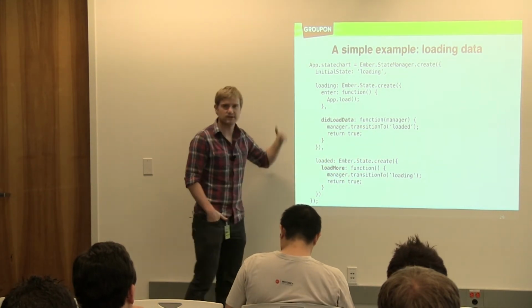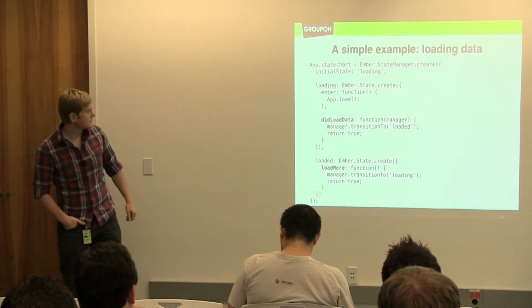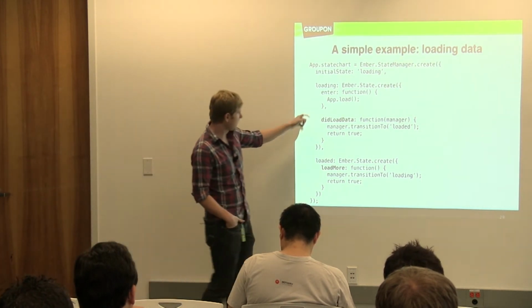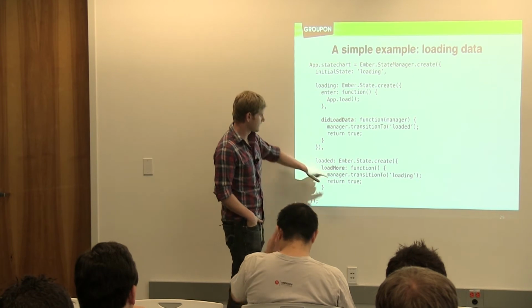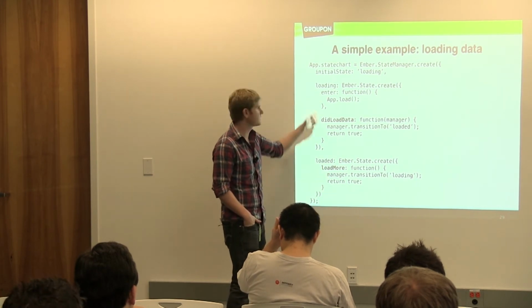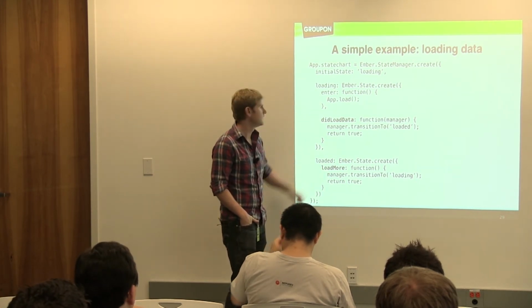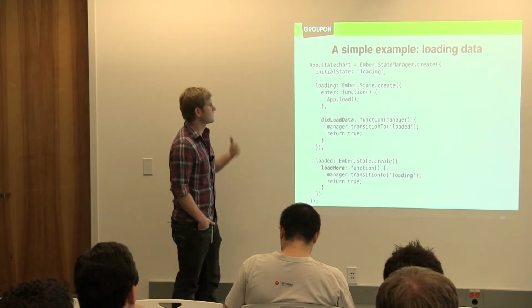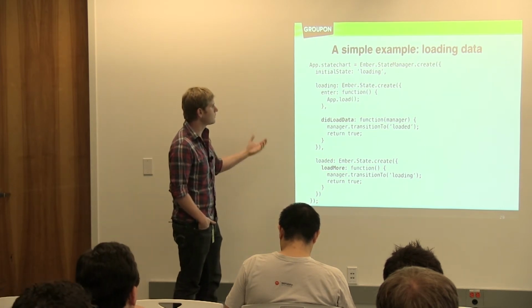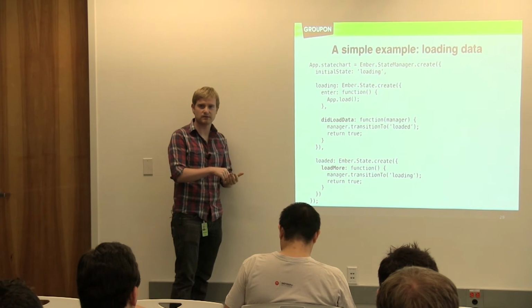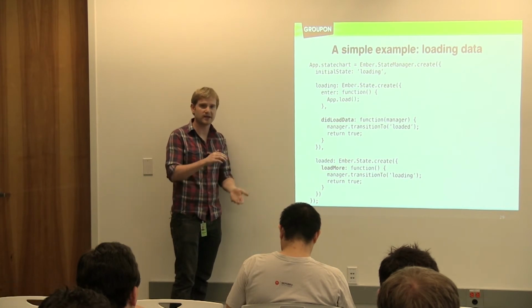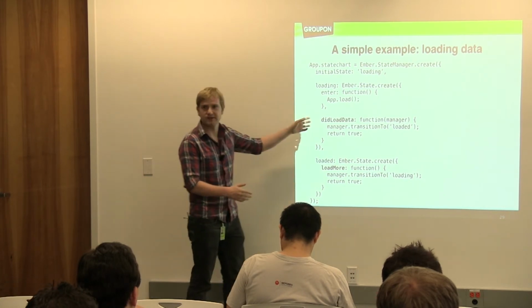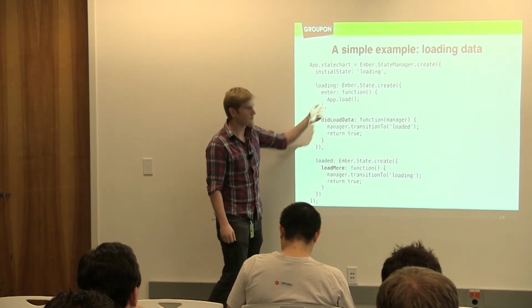The nice thing is that let's say you're in the loading state, and someone sends loadMore, it'll just get dropped on the floor because you're not in the right state. That's really nice because, first of all, you can have UI buttons that are either active or inactive, but they don't actually trigger anything if I'm not in the right state.